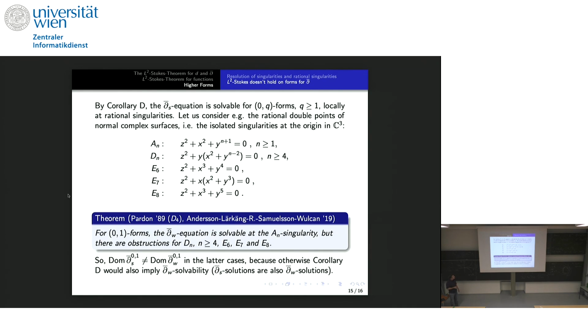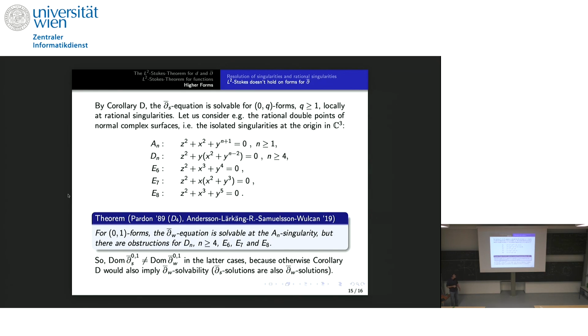For example, if you consider rational singularities of complex surfaces, they are classified as the Du Val singularities of type An, Dn, E6, E7, E8. Then the d-bar W equation is solvable at the An singularities, but for 0-1 forms, there are obstructions at all the other rational double points.